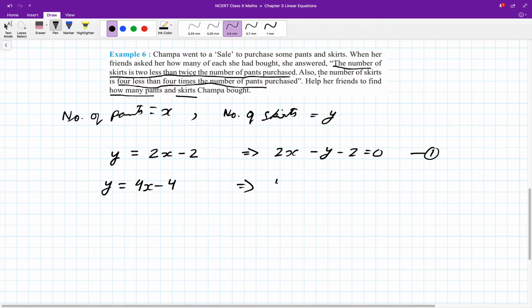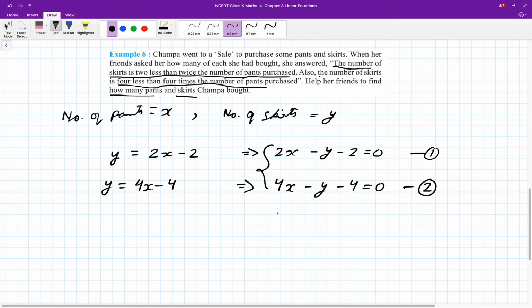So this is our second equation: 4x minus y minus 4 is equal to 0. So now we have set up our pair of linear equations, and now we just need to find the values of x and y, and that will be the number of pants and number of skirts.